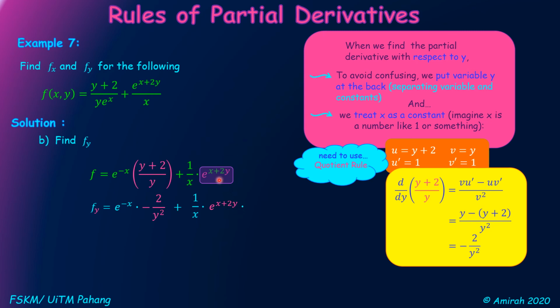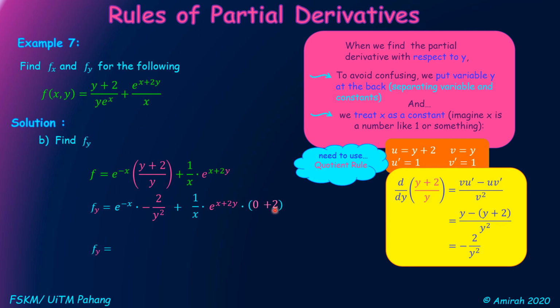But after that, we need to differentiate the exponent. When we differentiate the exponent, x we treat as a constant. So when we differentiate the constant, it becomes 0. And then plus 2y. So when we differentiate 2y, we get plus 2 here.